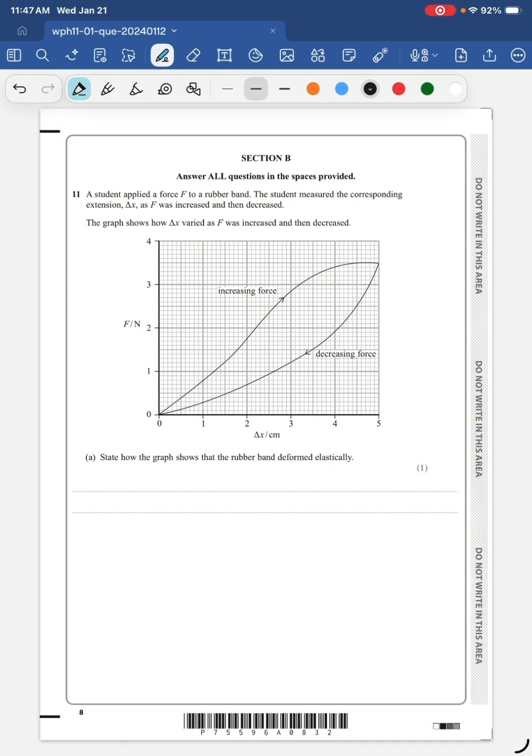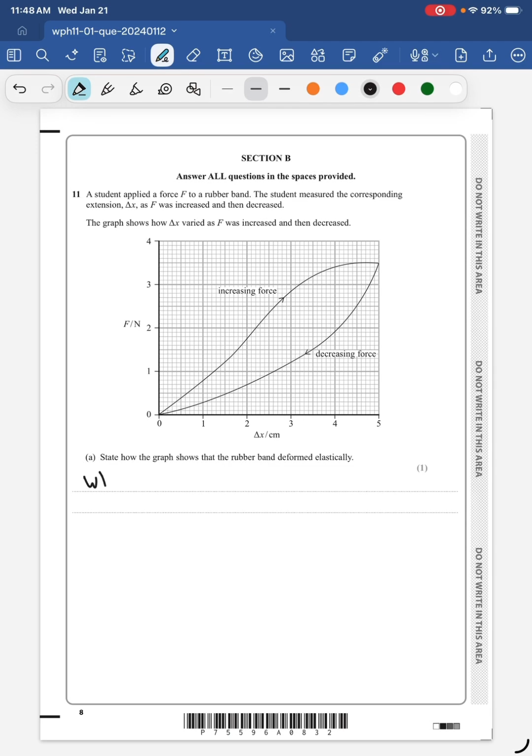The key here is that you expand the rubber band by increasing the force, but then when you decrease the force, it goes back to where it started, okay? So this is the definition of elastic deformation, right? Because if you go into the plastic deformation region, it will never come back, okay?